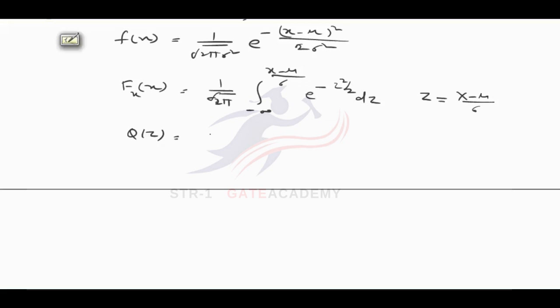The complementary error function Q(z) is defined in this way: z up to infinity e power minus z square by 2 dz.